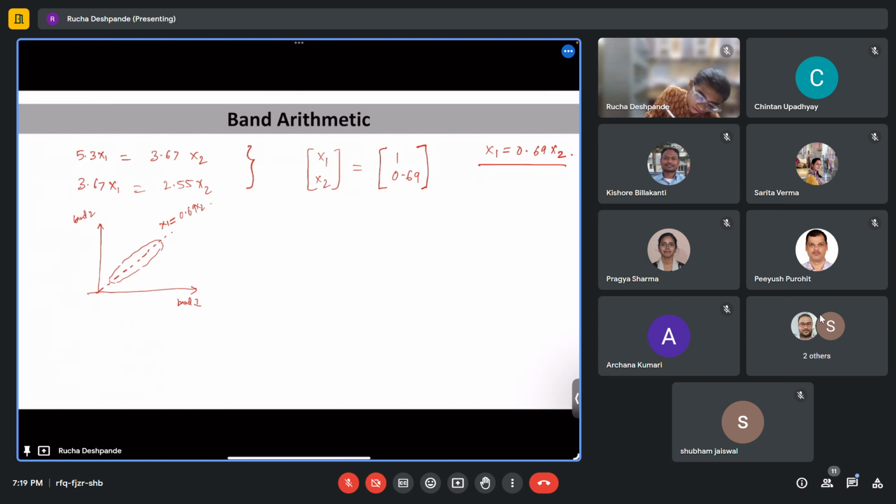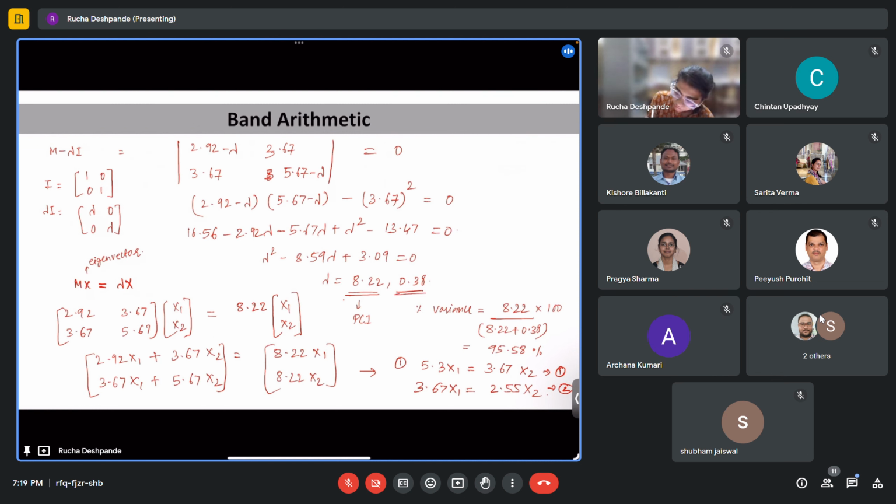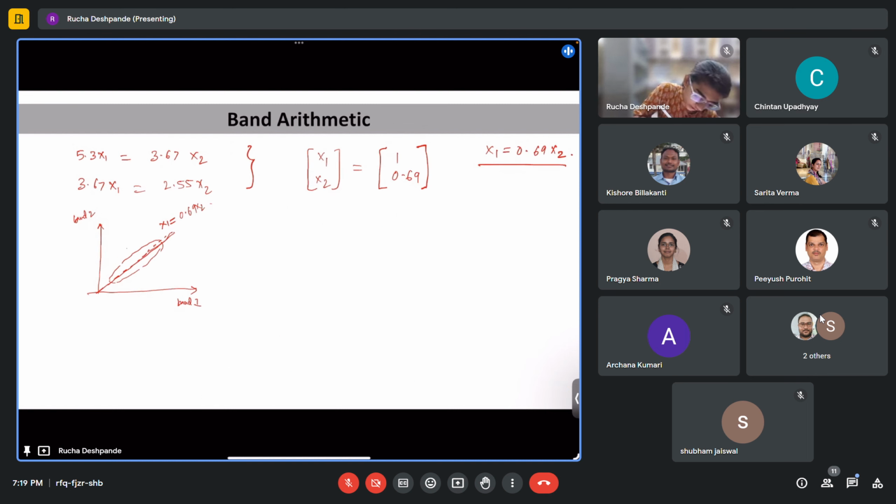So this would be the direction of my first principal component. And if we calculate for the second one using lambda is equal to 0.38, then we can calculate the second eigenvector corresponding to that eigenvalue, and then we'll get the second direction, which is along this axis. This direction of the principal component would cover the maximum variance in the data.